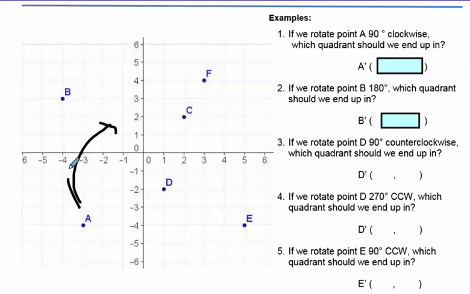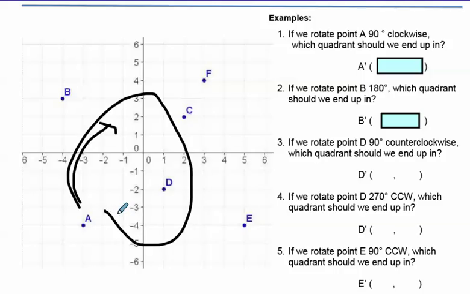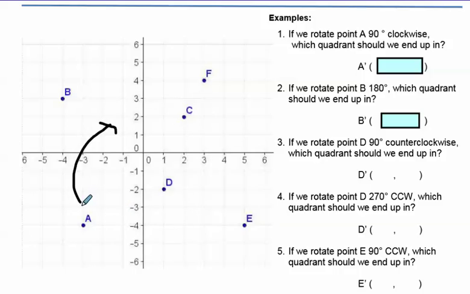360, we end up back where we started. 90 takes you to the next quadrant. 180 gets you halfway around the coordinate plane. Does that make sense? So we're only doing 90 degrees clockwise, which means it should get us next door.